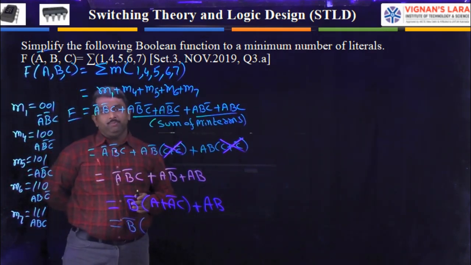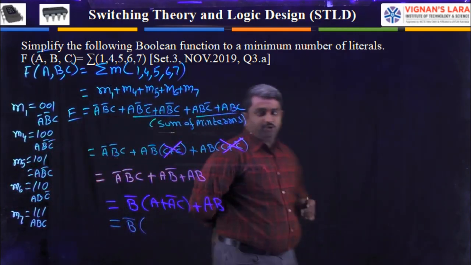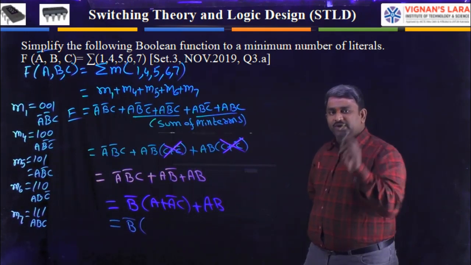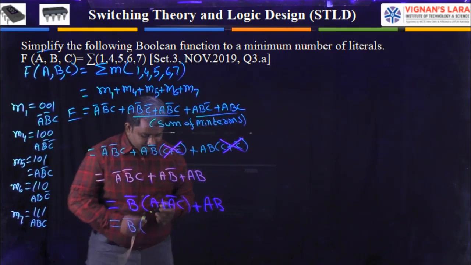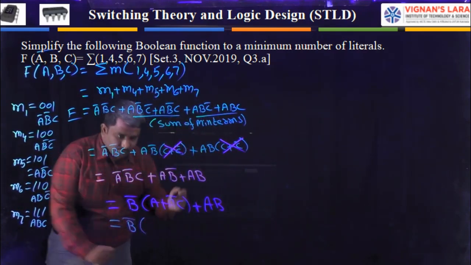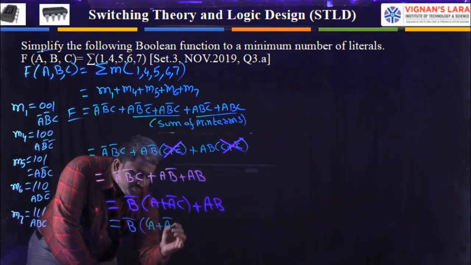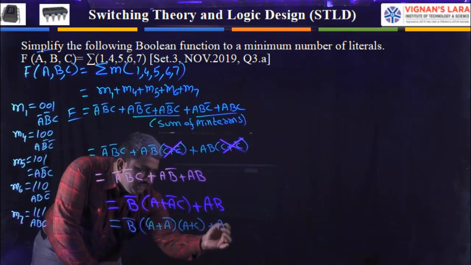From the distributive property, x plus yz is equal to x plus y into x plus z. So here I am writing a plus a bar into a plus c, plus ab.